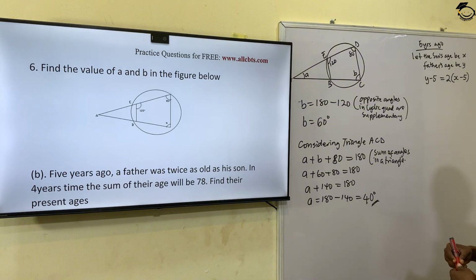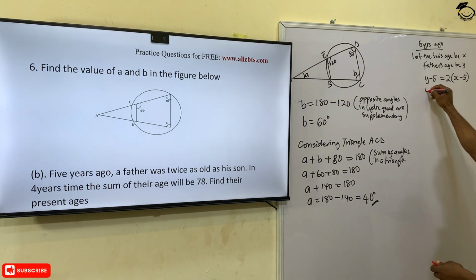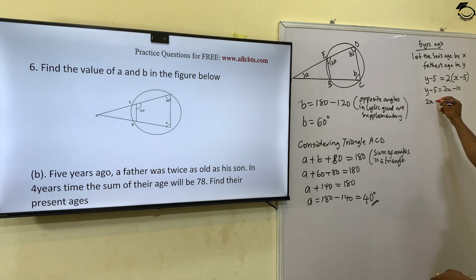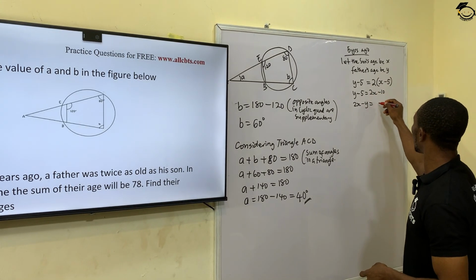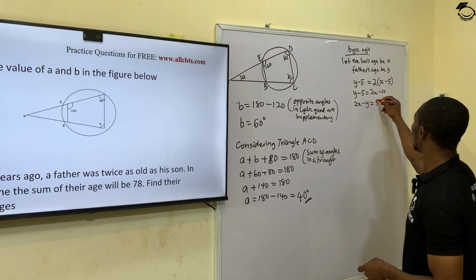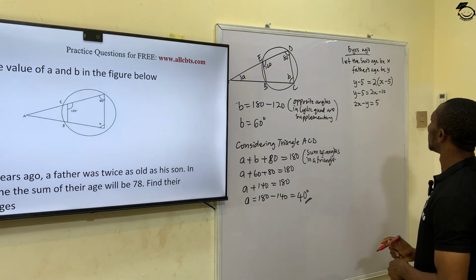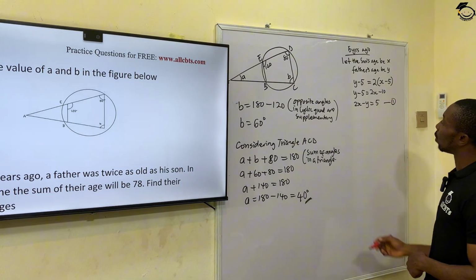Okay, now opening up this bracket, we have y minus 5 equals 2x minus 10. Collecting like terms, we have 2x minus y equals 10 minus 5, which will give us 5. All right, now let's call this equation 1.